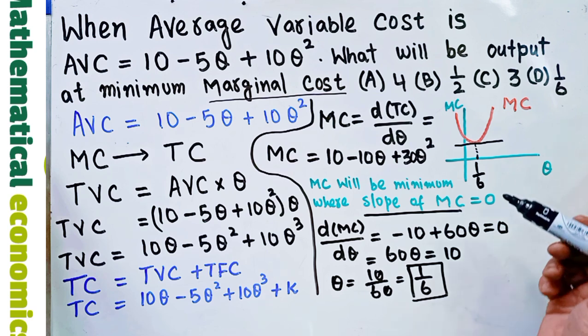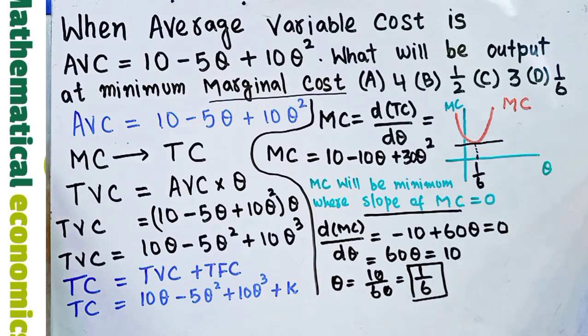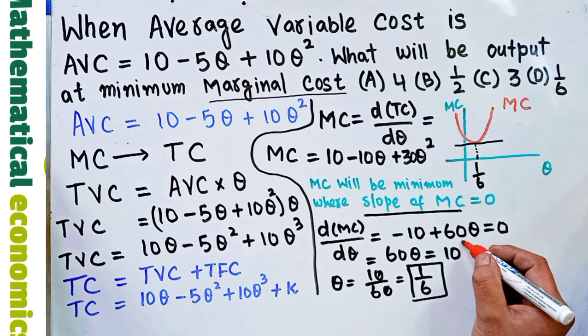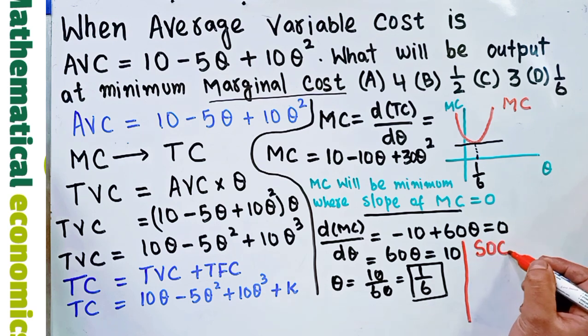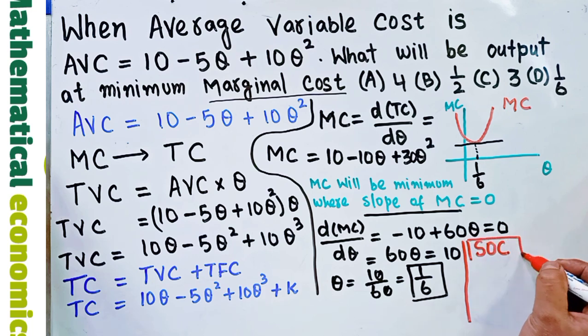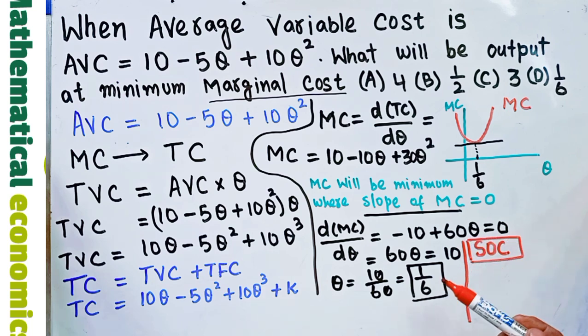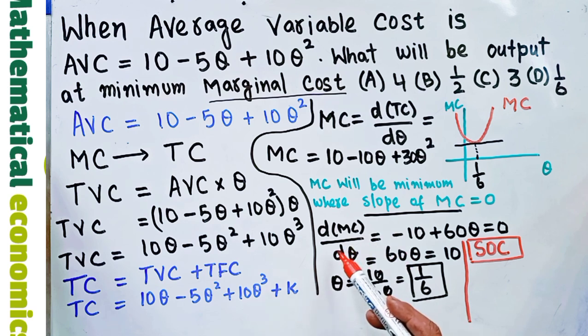Now this is only one condition. To be sure whether this point is a minimum point, we need to check the second order condition. Second order condition simply tells us that we take the second derivative of the marginal cost function, and if that comes out to be positive, then we actually have the minimum point at Q equals 1 upon 6.